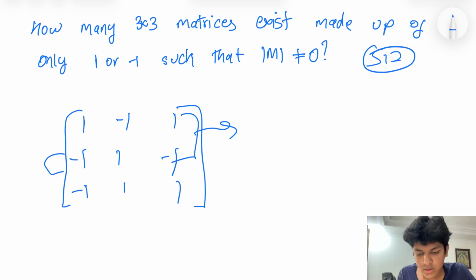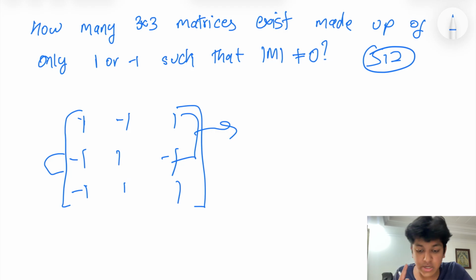When we take minus 1 out, then the two rows are the same and hence the determinant is 0. Okay, so there are two cases: when the two rows are exactly same, or when one of the rows is the negative of the other row, right? Then the determinant of the matrix that we form is 0, right?